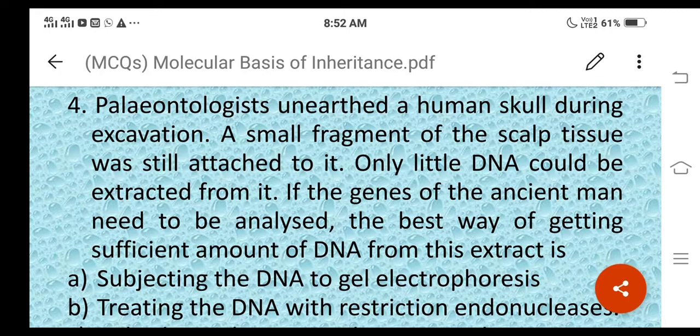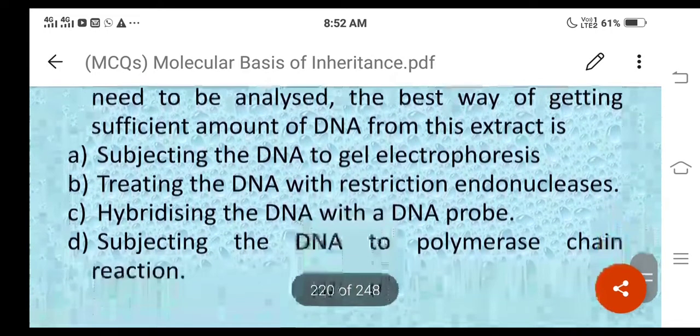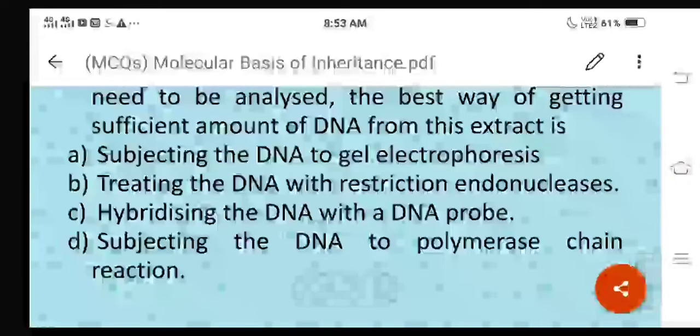If the genes of the ancient man need to be analyzed, the best way of getting a sufficient amount of DNA from this extract is, and the options are subjecting the DNA to gel electrophoresis, then treating the DNA with restriction endonucleases, then hybridizing the DNA with a DNA probe, and subjecting the DNA to polymerase chain reaction.